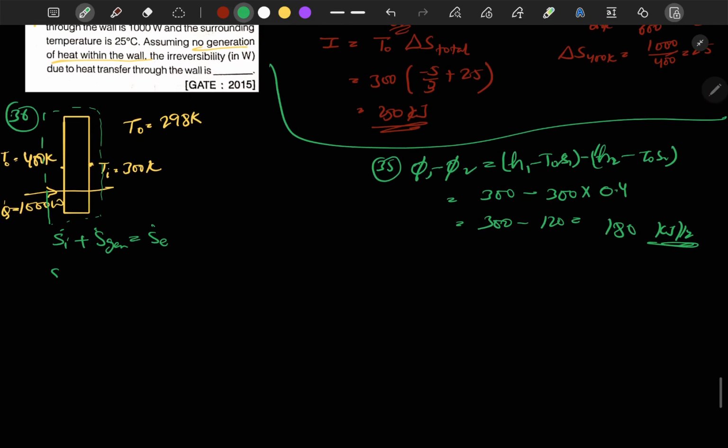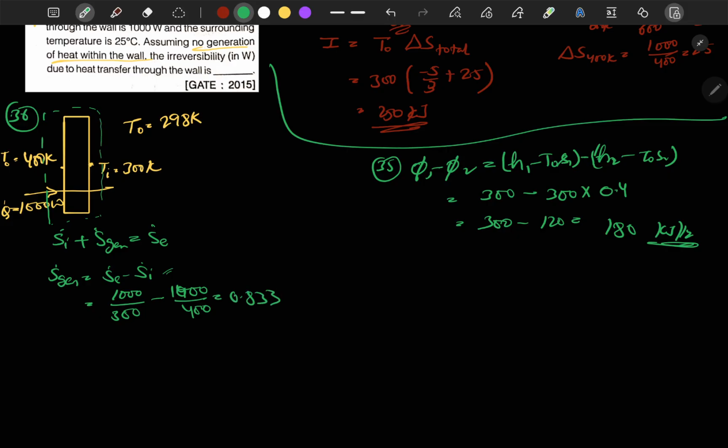From here we can calculate S gen is equal to S dot exit minus S dot in. Whenever it is a system with an entry and exit, you should use this type of equation to calculate S generation. So S generation is 1000 by 300 minus 1000 by 400, which is equal to 0.833.